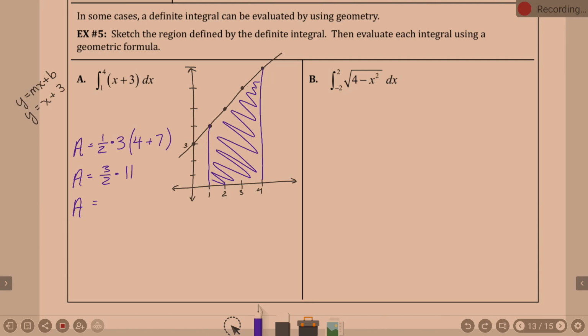How about 33/2? That's 16.5, but 33/2 is going to be your better answer. Got it?